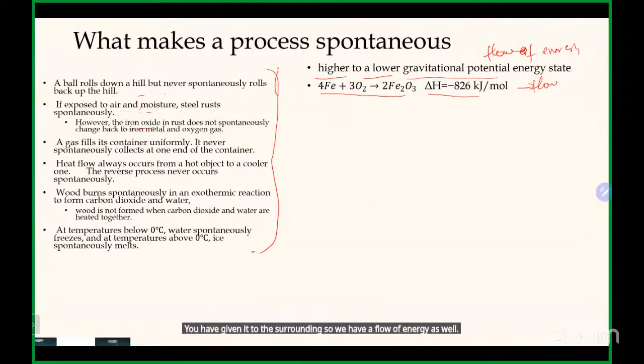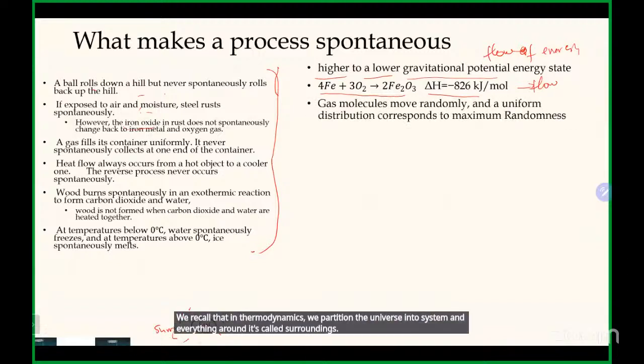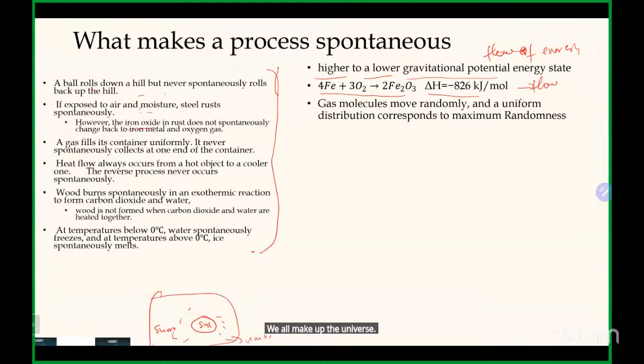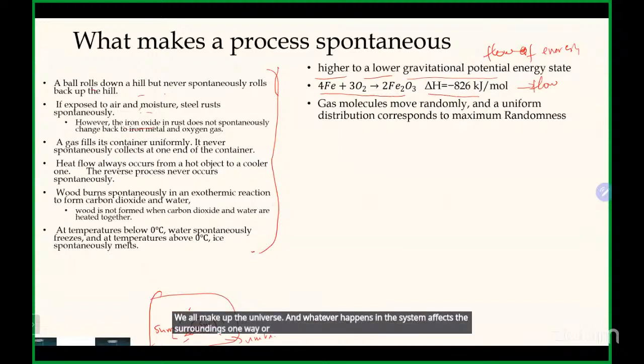We recall that in thermodynamics, we partition the universe into the system and everything around it, called the surroundings. They all make up the universe. And whatever happens in the system affects the surroundings one way or another, except when you are dealing with an isolated system that is not interacting with the environment.